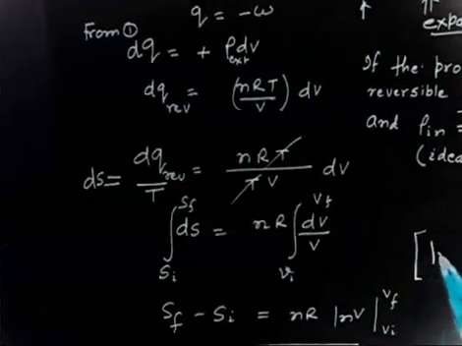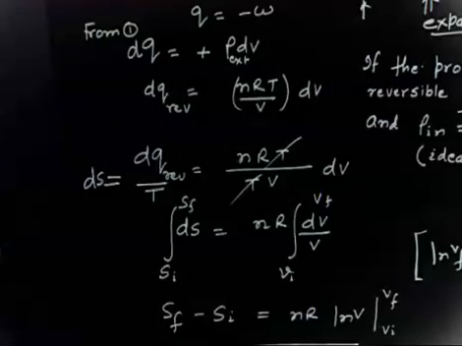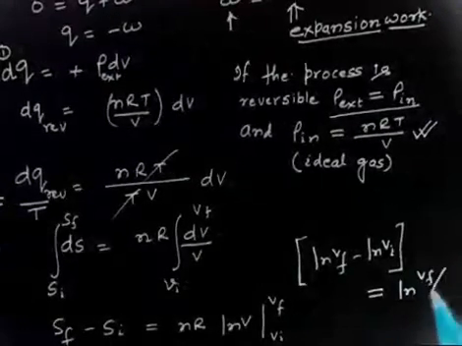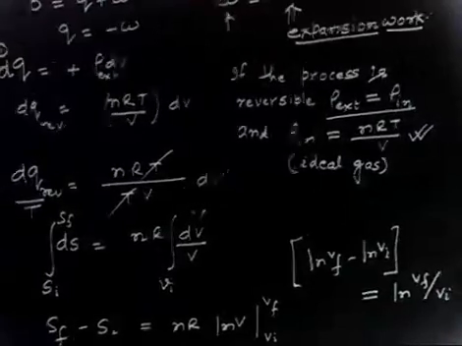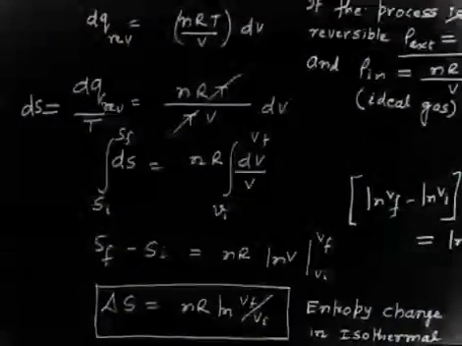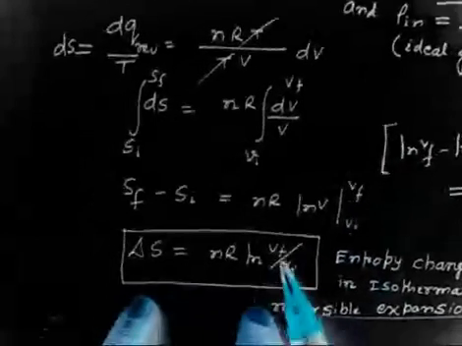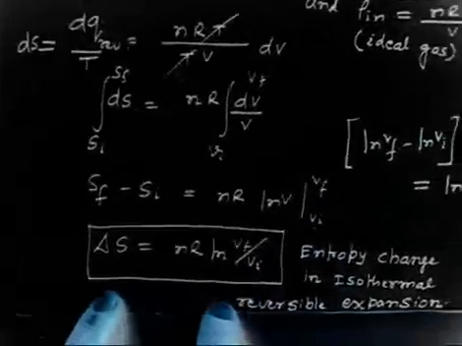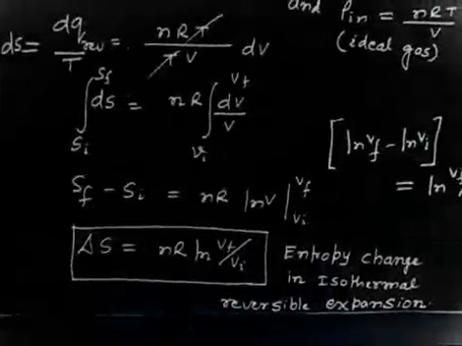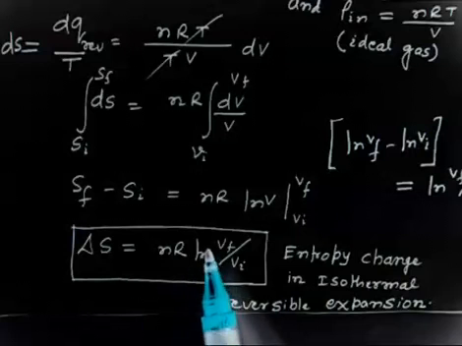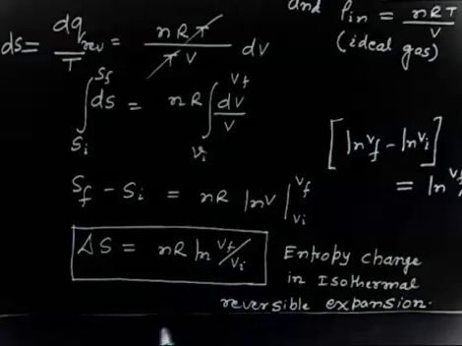Everybody knows ln Vf minus ln Vi can also be written as ln Vf by Vi. So you do some mathematical calculation and you will find that entropy change in isothermal reversible expansion is given by nR ln Vf by Vi. Molar entropy change will be given simply by R ln Vf by Vi.